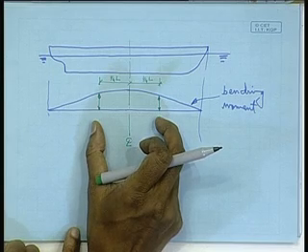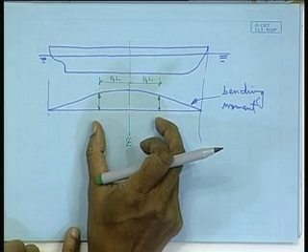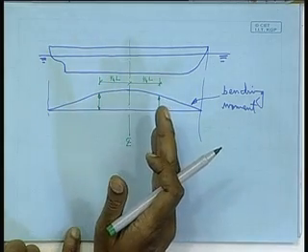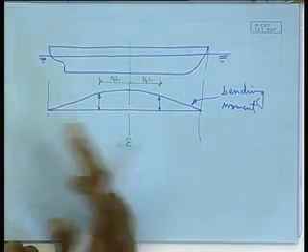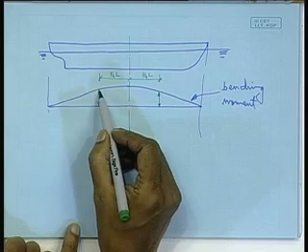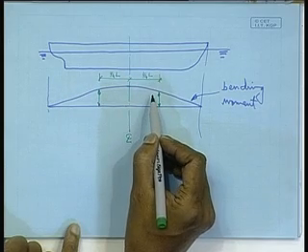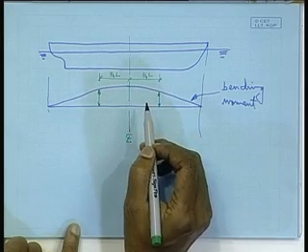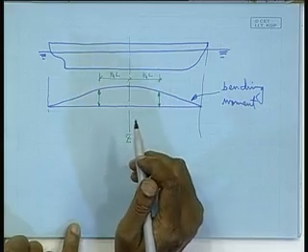Within this zone of 1/4 the length of the vessel in the aft, 1/4 in the forward, we have a bending moment distribution which is on the very higher side, right. So once the bending moment is high, it is expected that the stresses also will be high, right. That means the loading on the structure will be high, and as we have already talked about, the longitudinal strength is one of the prime concerns when we make a structural arrangement for a ship.